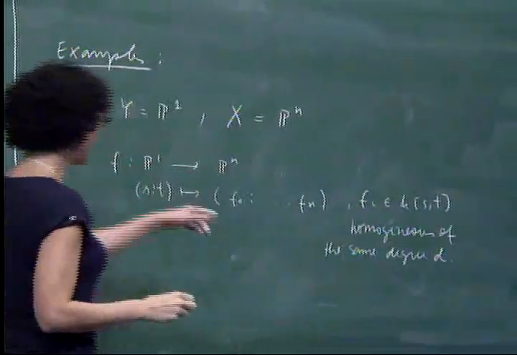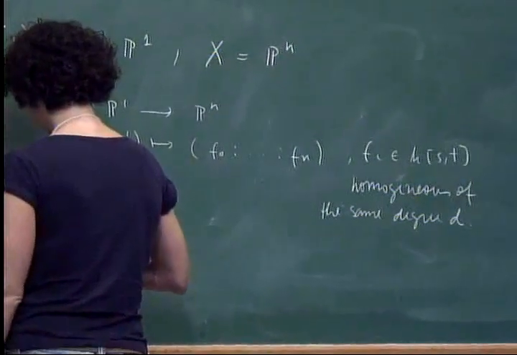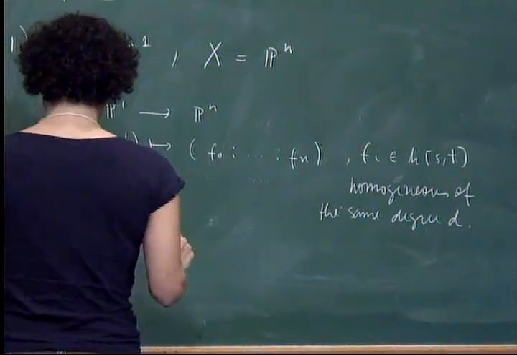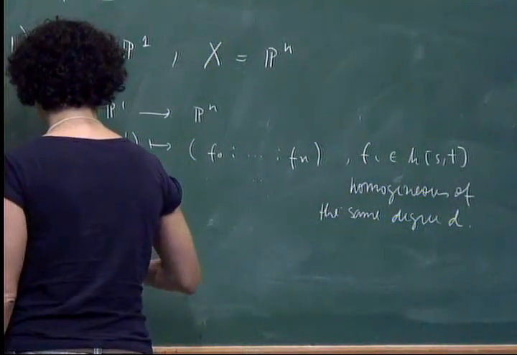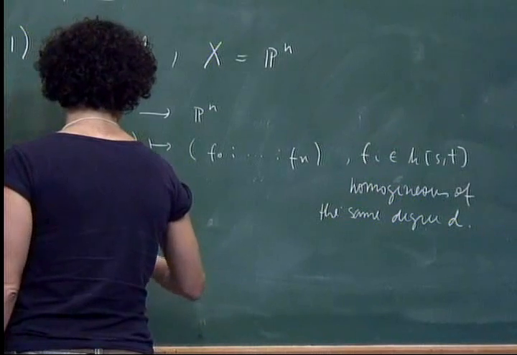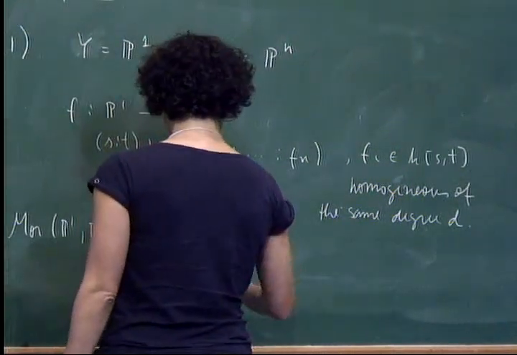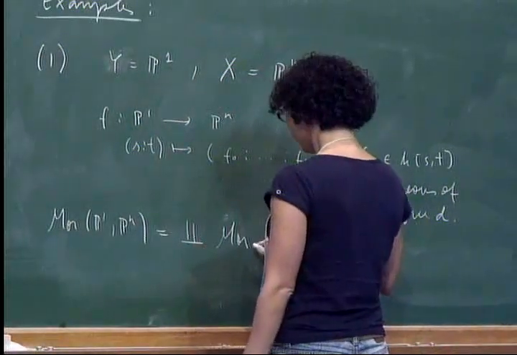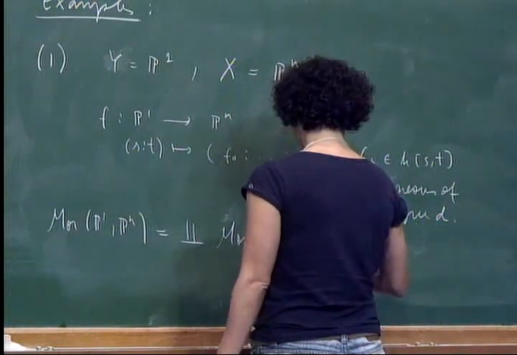So in fact, for each degree d, we have a component Mor_d of morphisms of degree d. So the space of morphisms from P1 to Pn will be a disjoint union of morphisms of degree d from P1 to Pn.